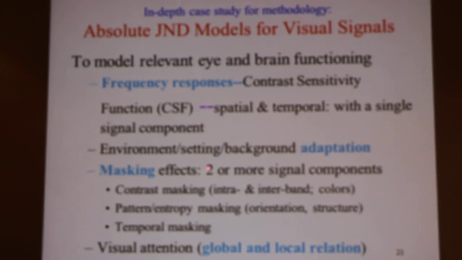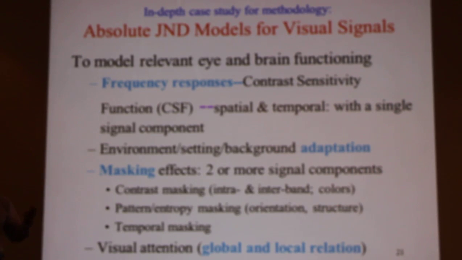Masking is the effect of two or more signals coming together. What happens? The masking is like in sound, where the easier case is for sound. If I'm the only person talking in this room, the voice can be heard best. If two persons are talking at the same time, I probably have to raise my voice to be heard.